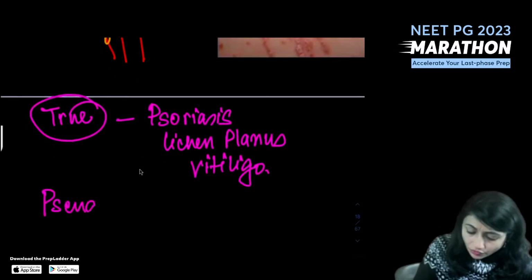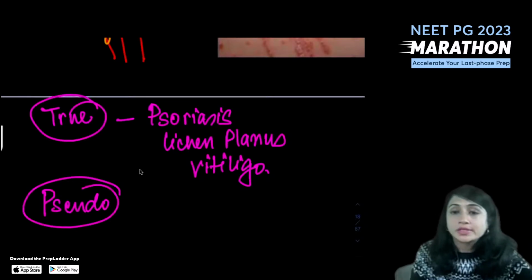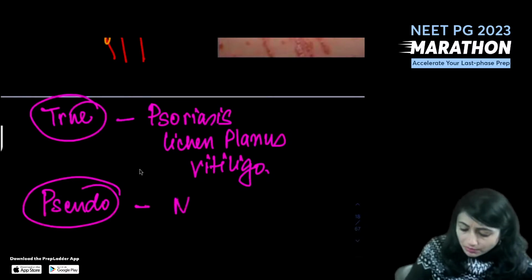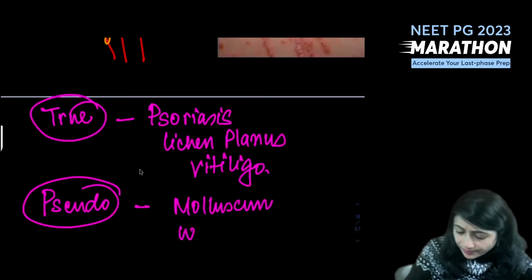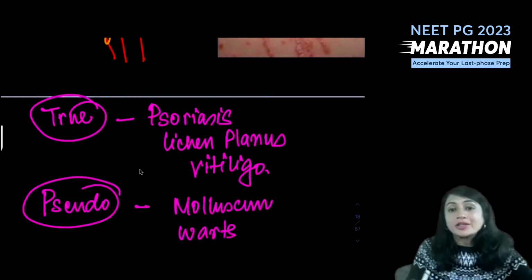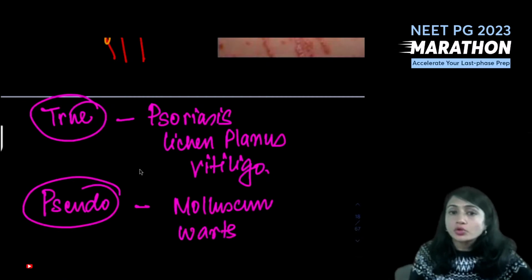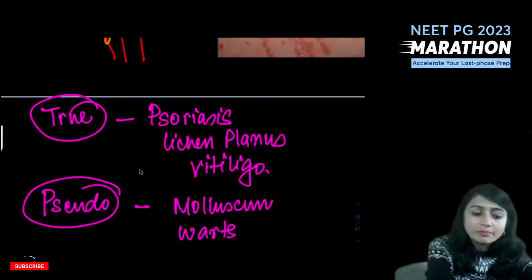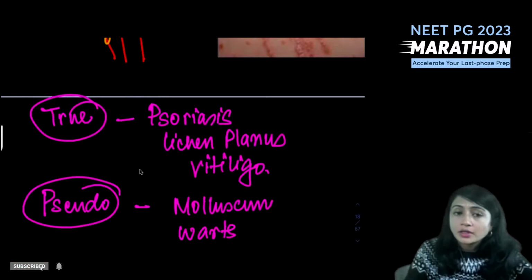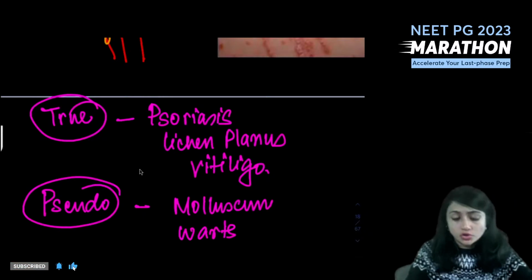Sometimes they also ask you, where do you see pseudo Koebner's? Pseudo Koebner's is seen in molluscum and viral warts. In them, it's pseudo because it is because of auto-inoculation or seeding of microorganisms.